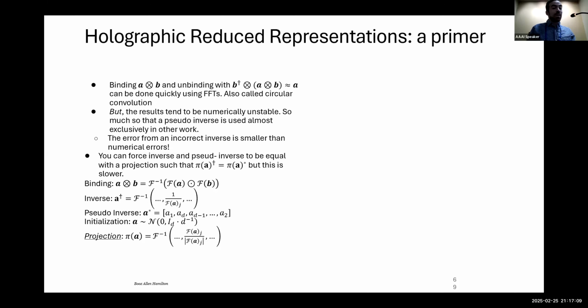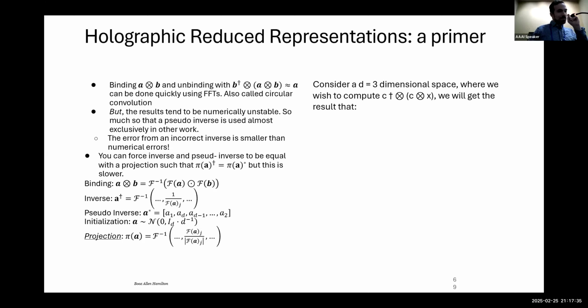And some of the work that we did, we added a projection step. So when we initialize our vectors, you project them onto the complex unit hypercube, so that the true and the pseudo-inverse are mathematically equivalent. So we sort of have this constraint, so we can use the cheap pseudo-inverse and get the same result.